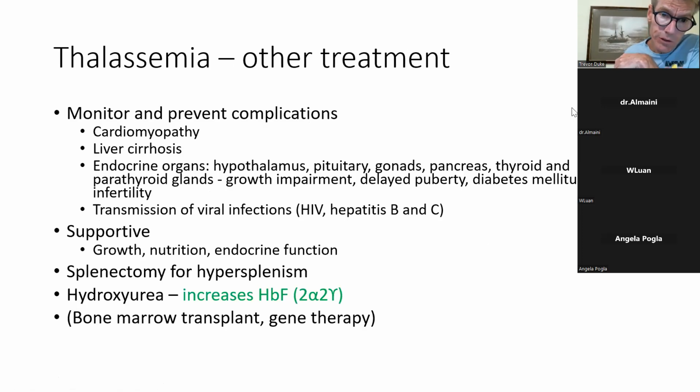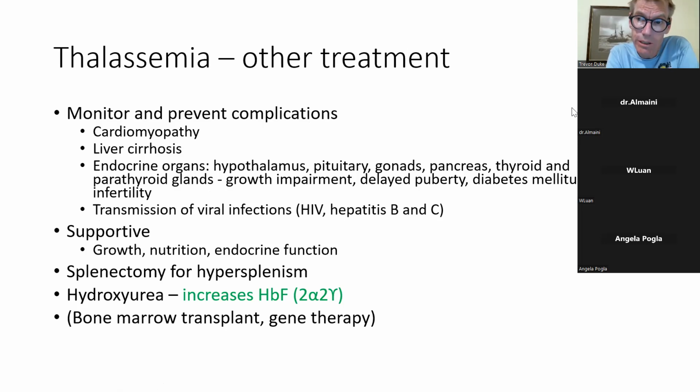The problem, of course, is the complications from thalassemia. The complications include that children have obviously chronic anemia, they have poor growth, but they also have iron deposition in their heart, so they can have an iron-related cardiomyopathy. The iron gets deposited in their heart muscle and in the liver, and they can get cirrhosis.